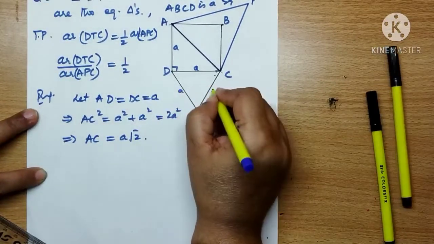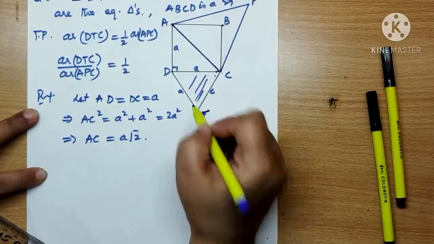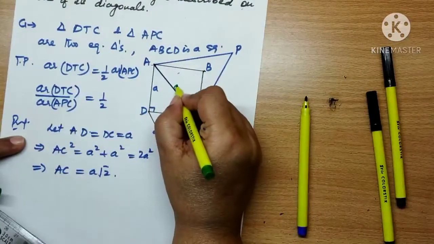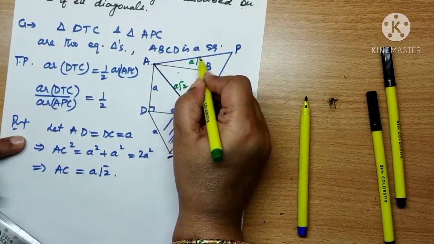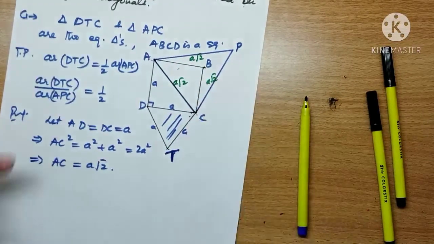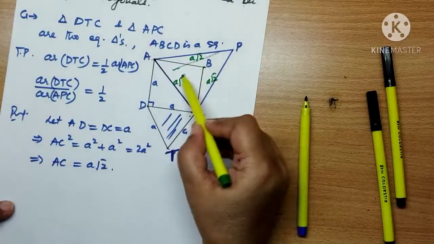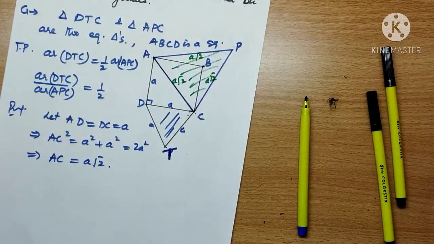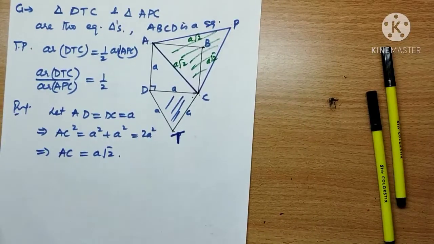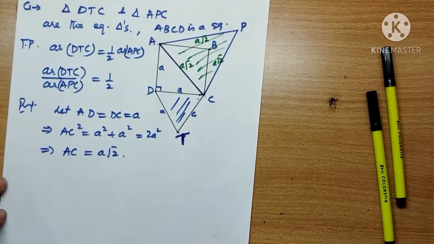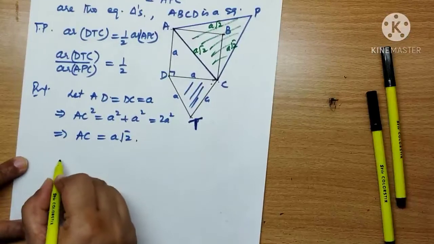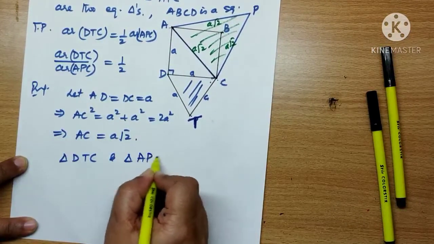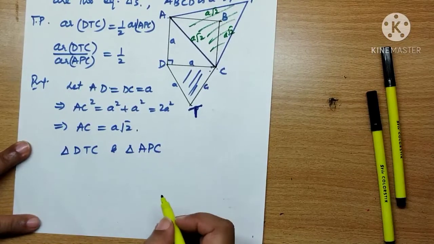So DTC is an equilateral triangle with side a. Here we have another equilateral triangle, with each side a root 2. Right? We got these two equilateral triangles, and I need to find the ratio of their areas. Remember the theorem: triangles should be similar in order to compare the ratio of their areas. So, are triangle DTC and triangle APC similar?